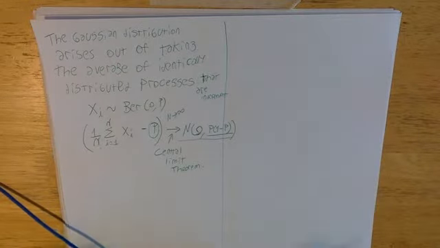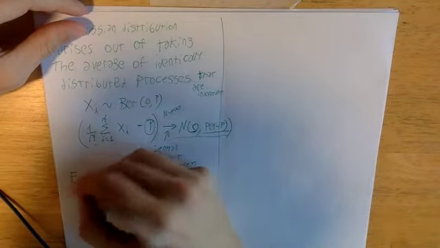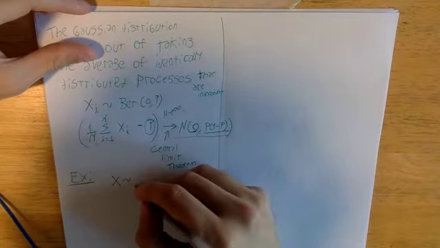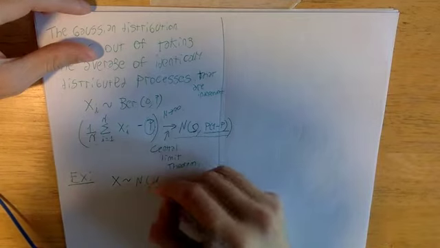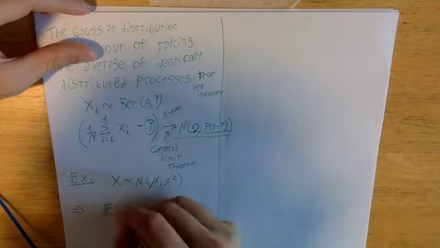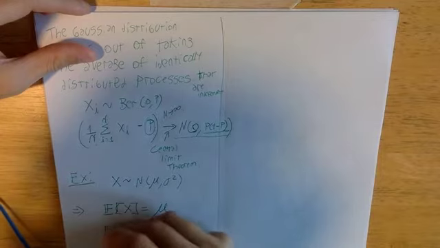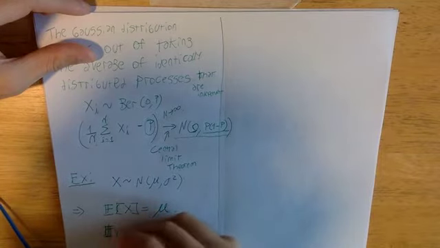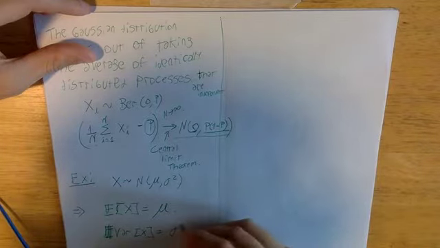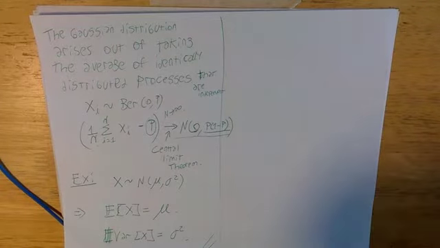This is something I won't do right now, but it is an exercise for you: if x is normally distributed with mu and sigma squared, then the expectation of x is equal to mu, and the variance of x is equal to sigma squared. This is just calculating the integrals and figuring out what comes out.